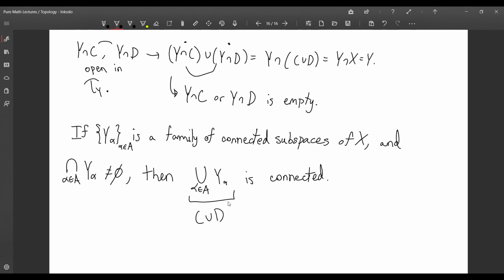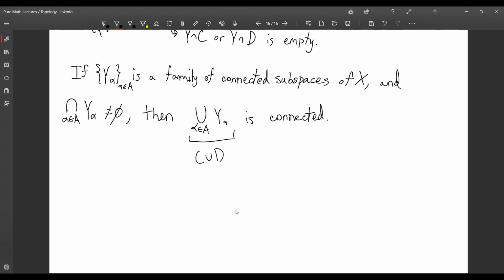Because P is either in C or D. It can't be in both because C and D are disjoint. So that leads to a contradiction, because if all of the Y sub alpha are contained, say, in C, then the union of the Y sub alphas would be completely contained in C, and its intersection with D would be empty, which is a contradiction, because we assume that it is not empty.